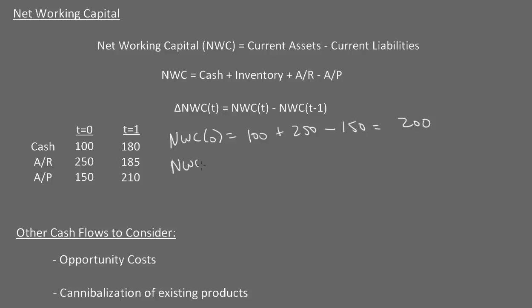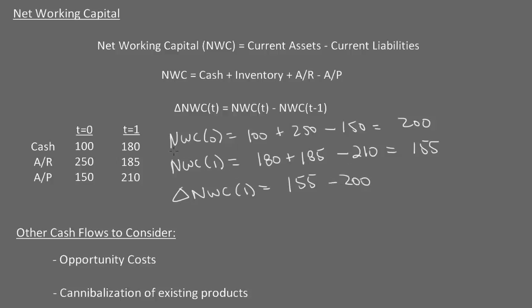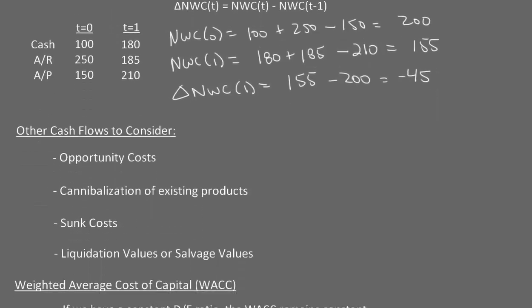And our net working capital at time 1, our cash plus our accounts receivable minus our accounts payable, is 155. So our change in net working capital at time 1 is 155, our net working capital at time 1, minus 200, our net working capital at time 0, which is negative 45. So our net working capital has decreased by 45 over the period.